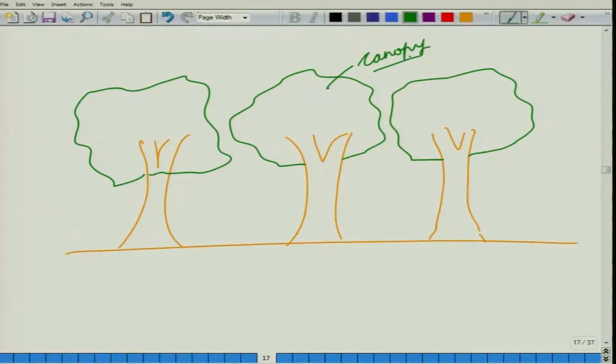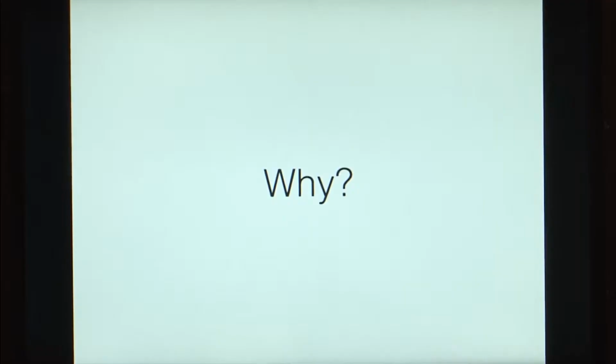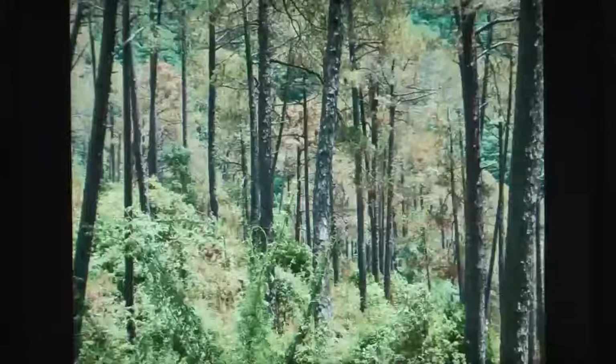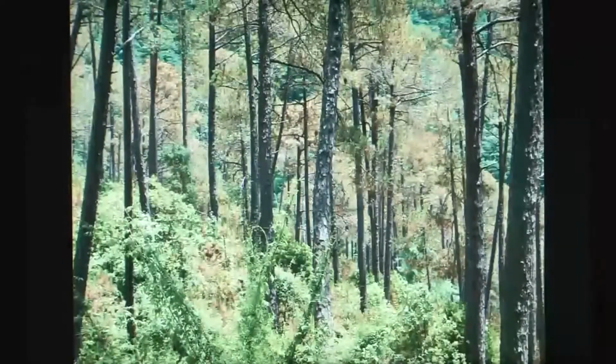Now why is it important to know about these canopies? For one, they change the microclimate of the forest. So if we looked at this image, we see a forest, and downside we see a very lush growth of undergrowth, including shrubs and herbs.